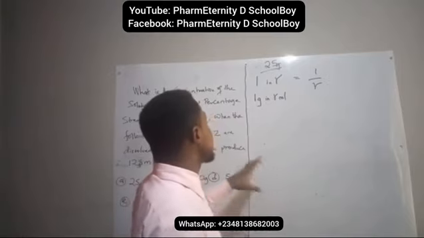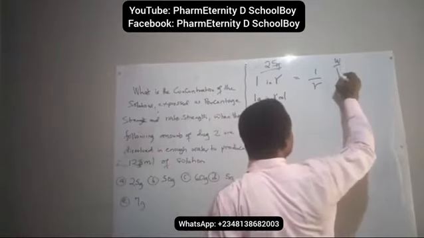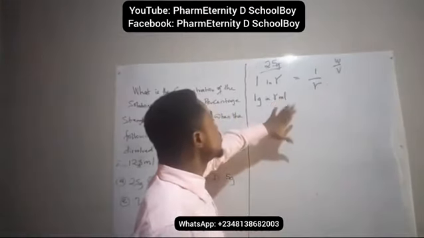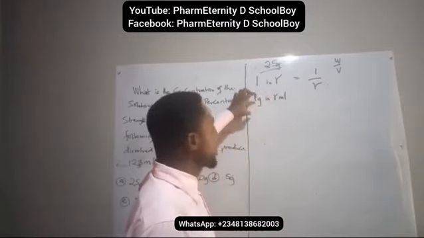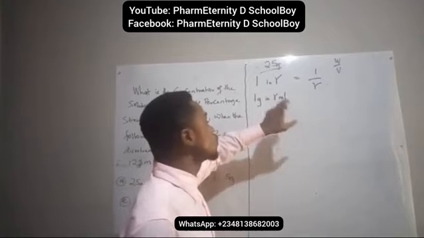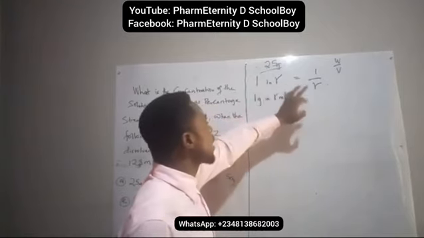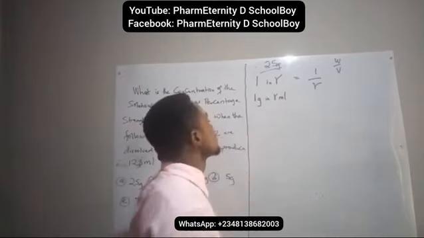It is agreed that when we are dealing with weight per volume, the weight that is used in ratio strength has to be in gram, while the volume has to be in what? ml. So 1 in R, or 1 over R here, is talking about 1 gram in R ml.